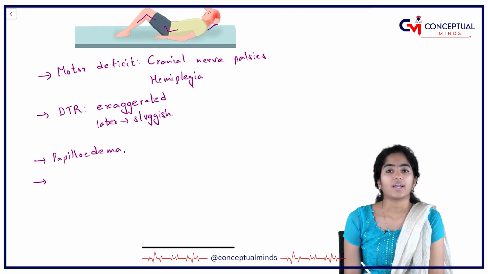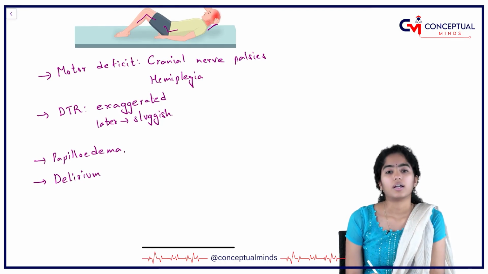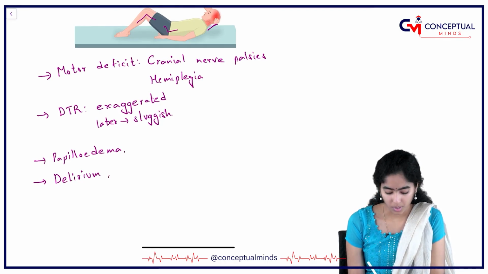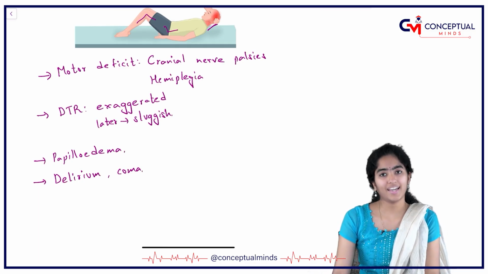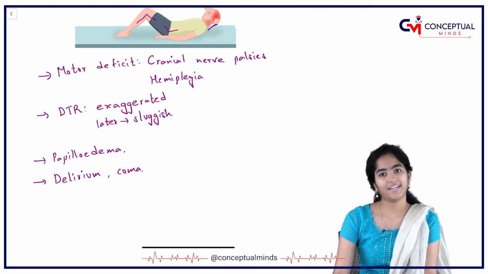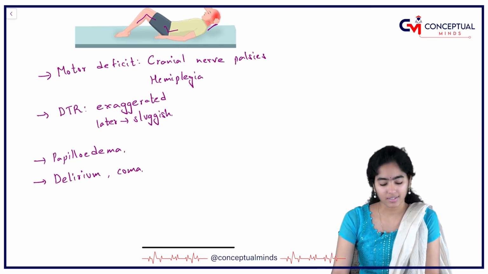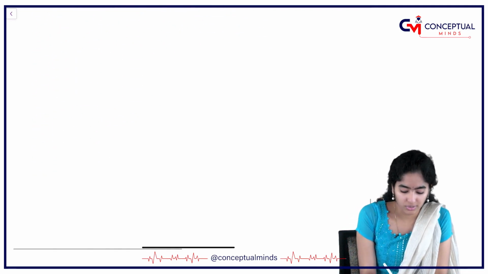Finally the patient may go into a stage of delirium and coma also. Initially the patient is drowsy and he may progress to delirium and coma. So a complete examination of the nervous system is done, and these are some of the classical signs and symptoms of meningitis. Now let us look into the diagnosis of this condition.